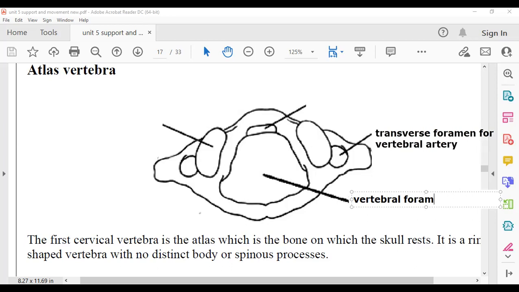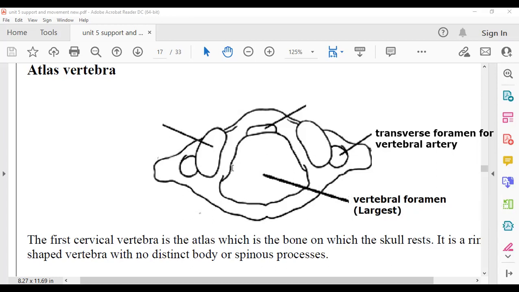Correct? Yes, sir. And it is the largest vertebral foramen out of all the vertebra. Every vertebra has a vertebral foramen, right? Compared to all the vertebral foramen, the largest one, the greater in diameter, belongs to atlas vertebra.